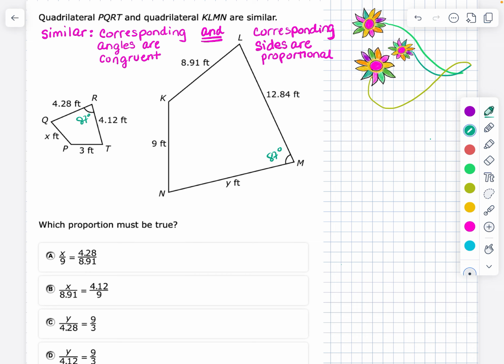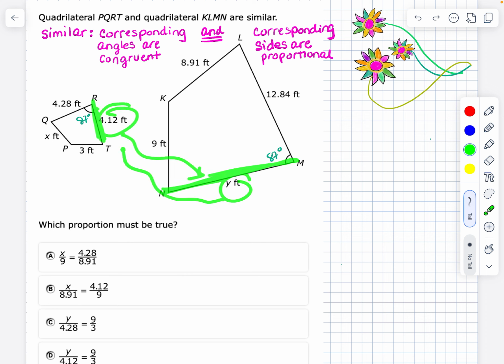Okay? The other thing it's telling me is that the corresponding sides are proportional. And that means that, okay, this side is just to the left of that arc, and this side is to the left of that arc. So that means I can multiply this by some number to get this, or multiply this by some number to get that.